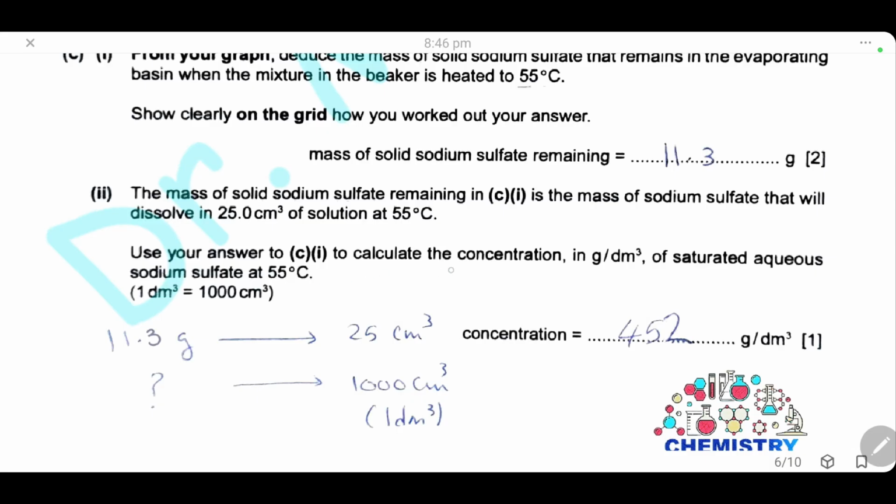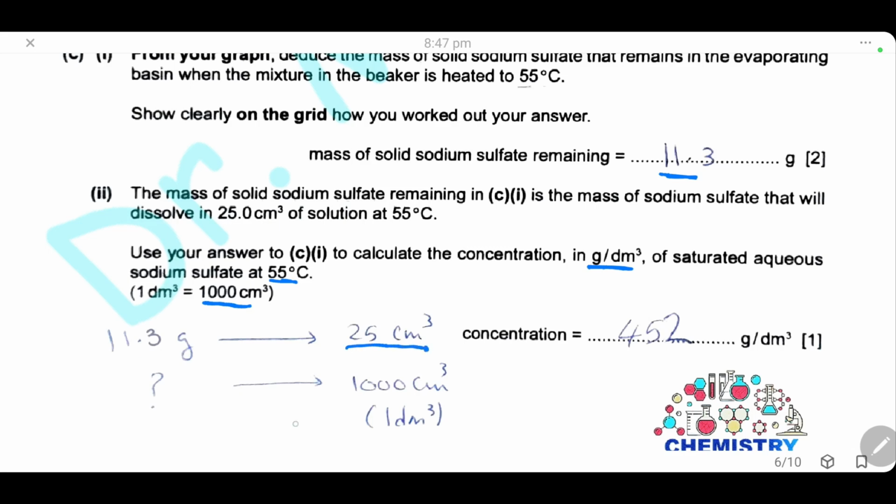Use your answer to calculate the concentration in gram per decimeter cube of saturated aqueous sodium sulfate at 55. 1 decimeter cube equals 1000 centimeter cube. This mass, which is 11.3 gram, is the mass of the sodium sulfate that is present in 25 centimeter cube.